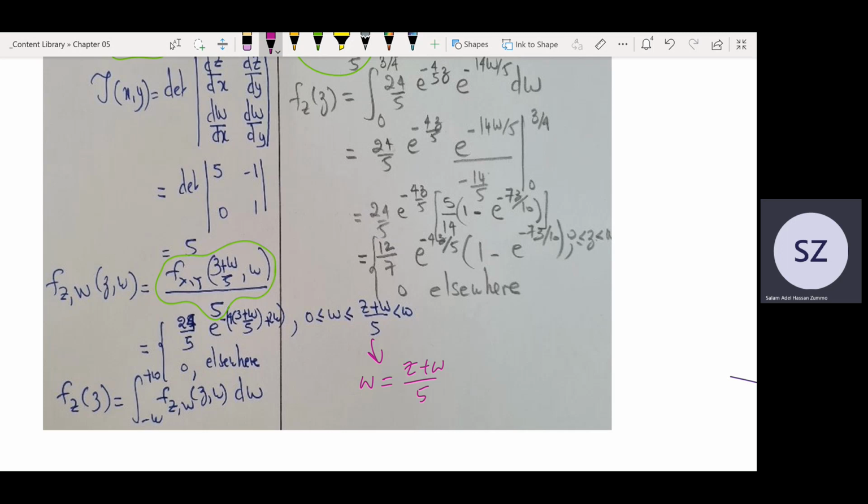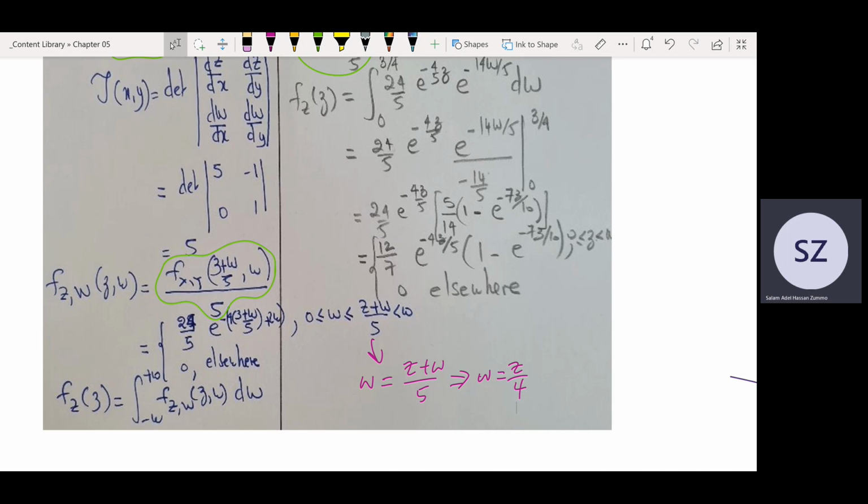Now multiplying by 5 will give you 5W equals Z plus W. So bringing W here, this basically means that 4W equals Z, so W equals Z over 4. You need to integrate until W equals this, right? You integrate here in order to find the marginal.